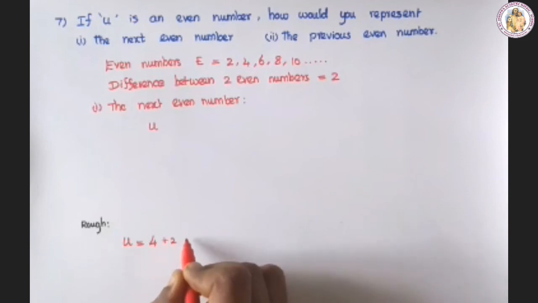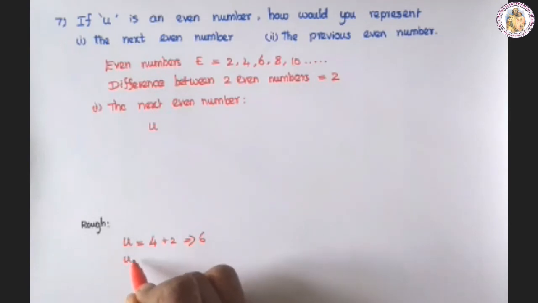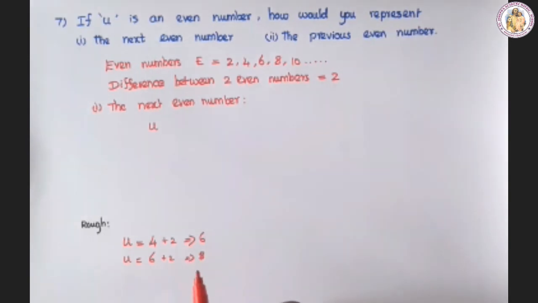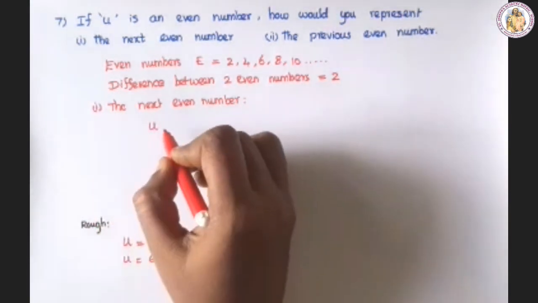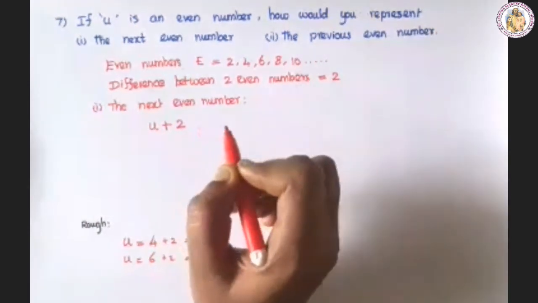Add 2. That is the next number, 6. If u equal to 6 means 6 plus 2, 8. That is the next number. So, add 2 to u, we get the next even number. So u plus 2 is the answer.